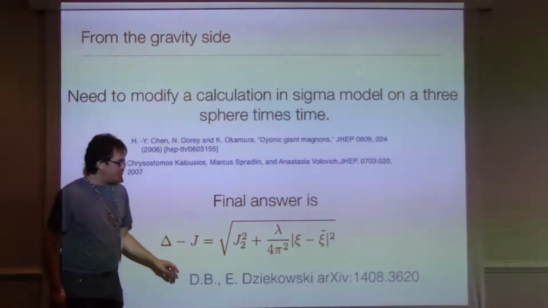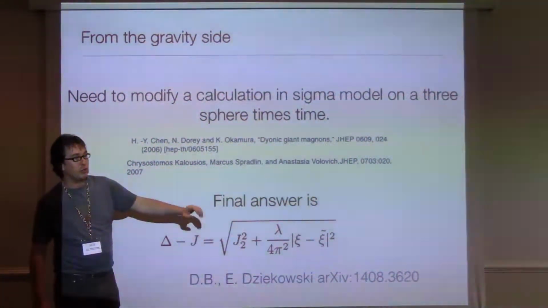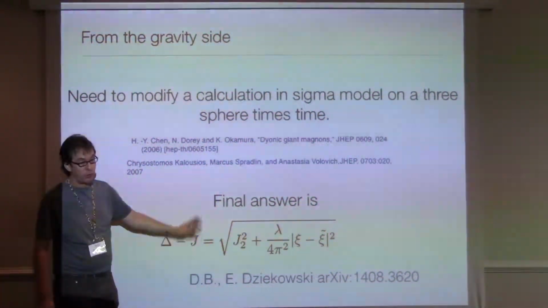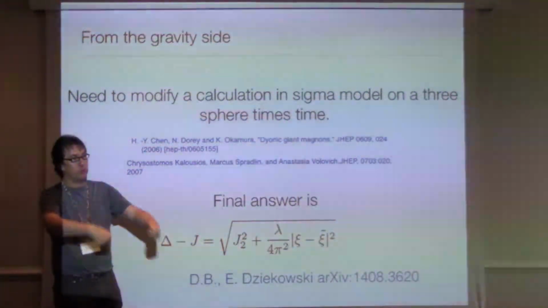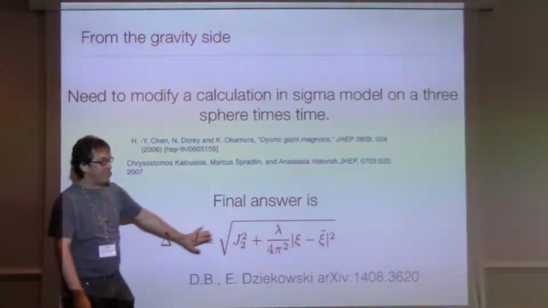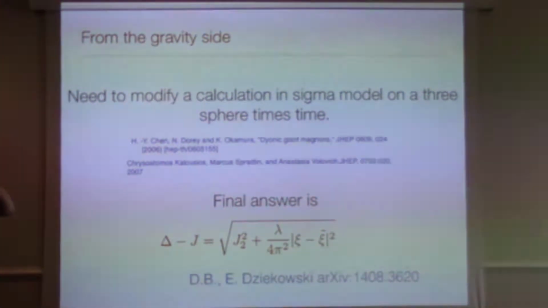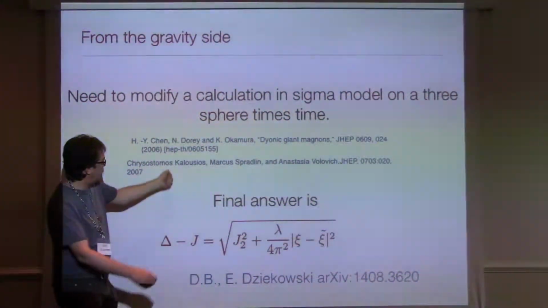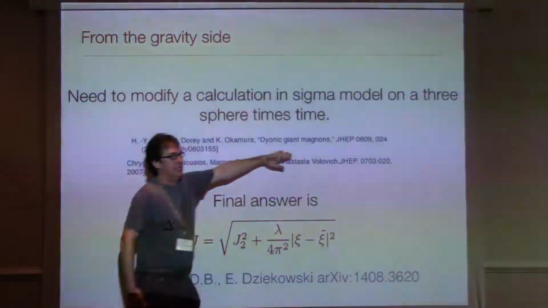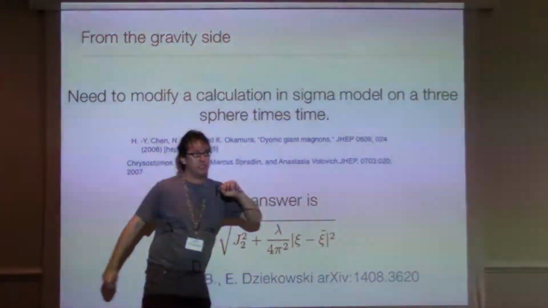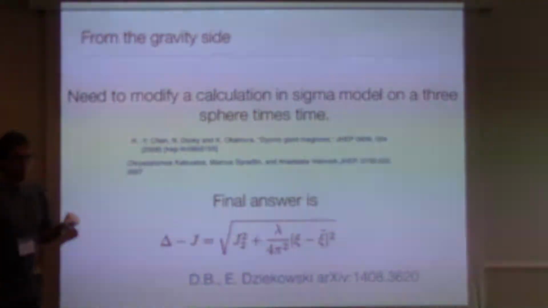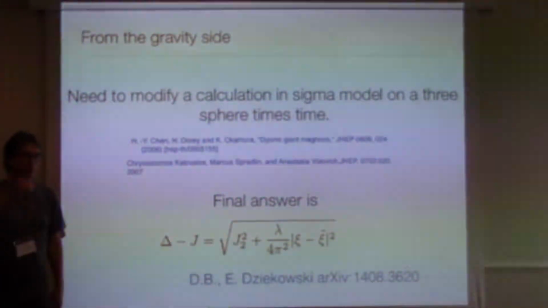How did we prove these? We realized that these objects had to be in short representations of supersymmetry, although the original calculation was: do the 1 loop, do the 2 loop, do the 3 loop, and we started seeing the square root formula show up. And then the idea is that these giant magnons form bound states, and they're called Dyonic giant magnons. Then you have to find the corresponding sigma model description of these.